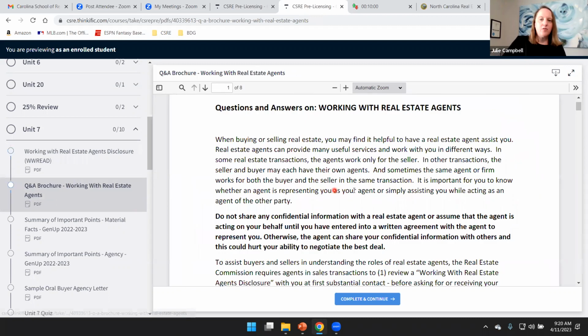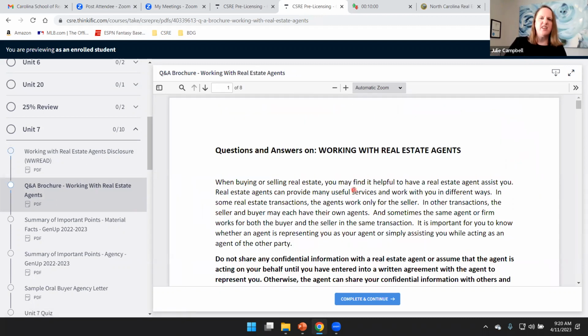So the Q&A brochure, again, this is the flat PDF because I'm frugal. But if you want to buy, and I don't know how much they are, but you could, or your firm could, go to the commission's website and buy the nice glossy ones.